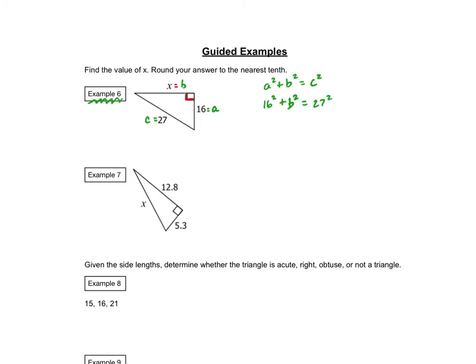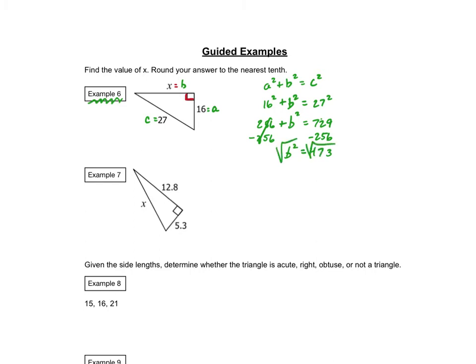I'm going to have to get the calculator out for this one, but I do know that b squared is going to remain the same. And 27 squared is going to be 729, and then 16 squared is going to be 256. Continuing to solve for b, I will isolate my variable by doing my inverse operations. So b squared is equal to 473.